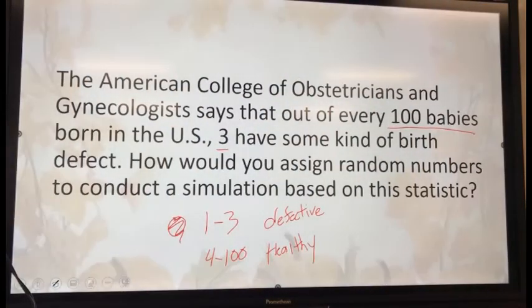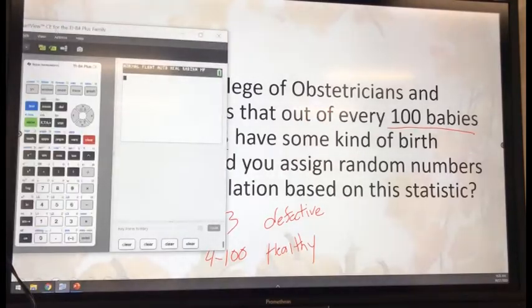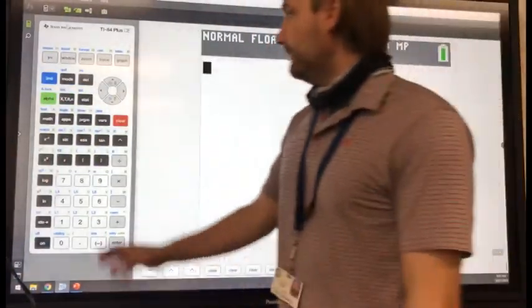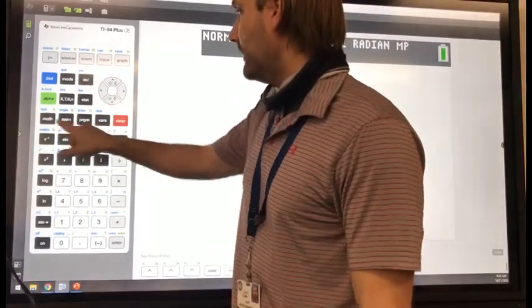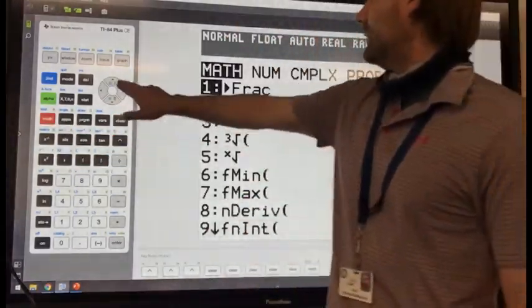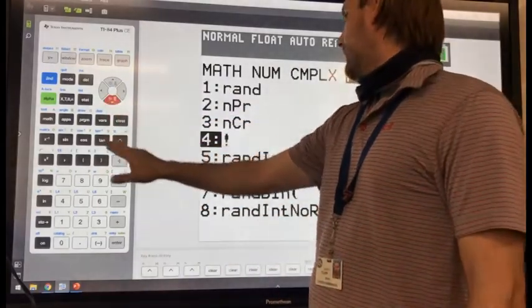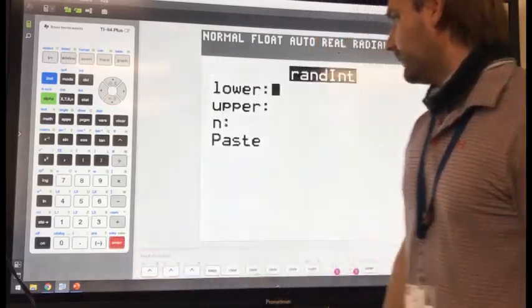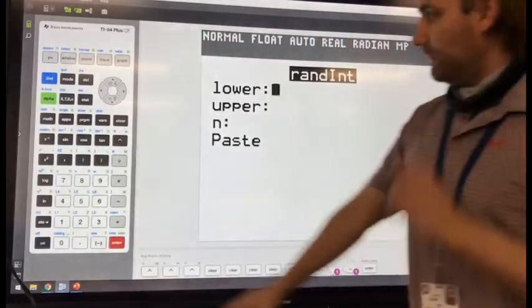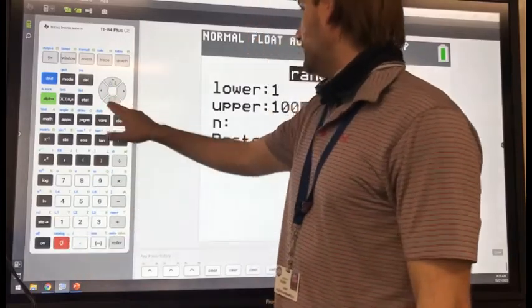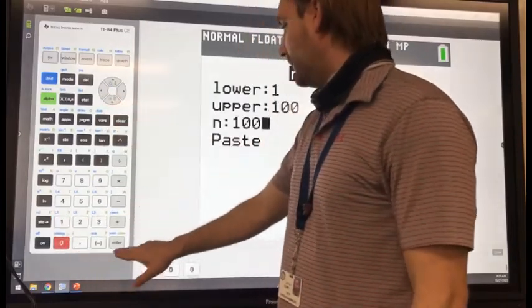And of course, let's go back to the calculator and show you how to use the calculator as a random number generator. You're going to click on Math, probability, randInt, which is short for random integer. My lower is 1, my upper is 100, my n total of 10 babies.